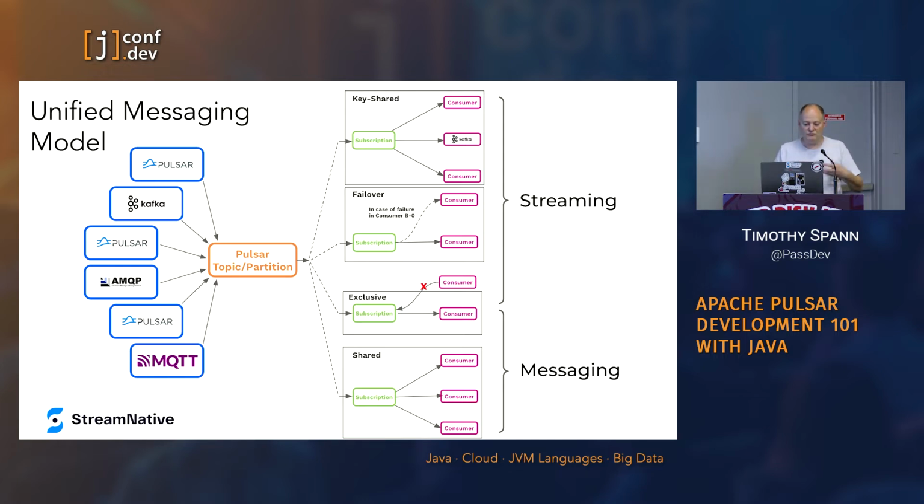So if I do a key shared style, this is the way you'd want to do CDC, if you want to do it Kafka style. With the key shared, I'll have the key maybe be the table name. So it could have one consumer of the data subscribe to one key, say one table. Keep that in order, keep it exactly once. Just like you'd want to do in Kafka.